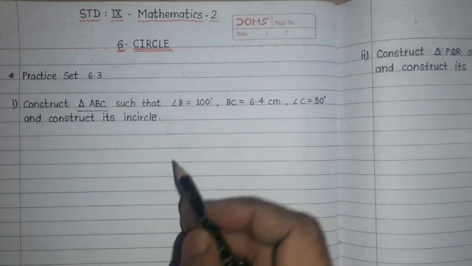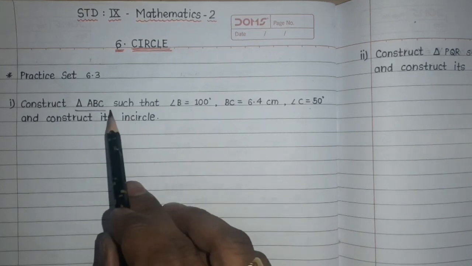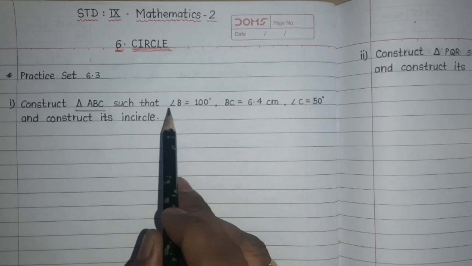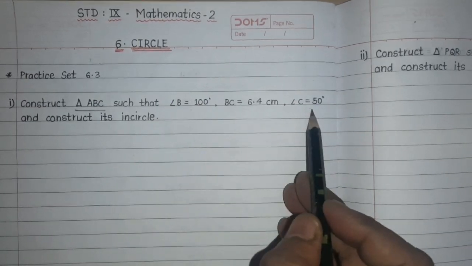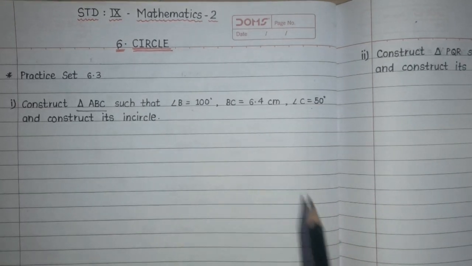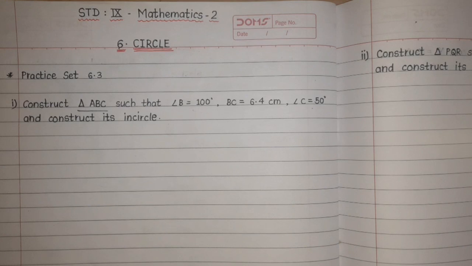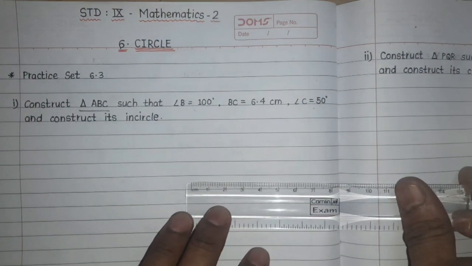Before the final figure, we have to draw one analytical figure. Here triangle ABC is given. The measure of one angle is 100 degrees and the measure of another angle is 50 degrees. That means this is an obtuse angled triangle. First of all we have to draw the analytical figure.